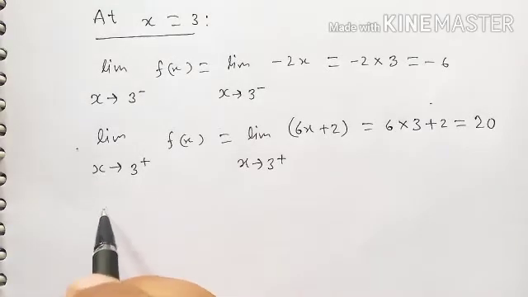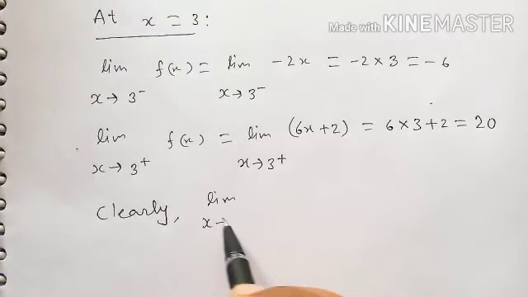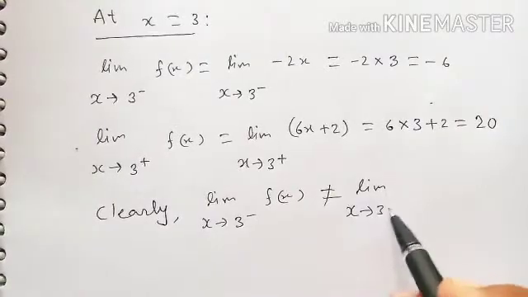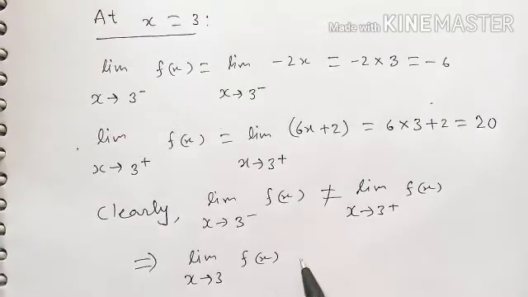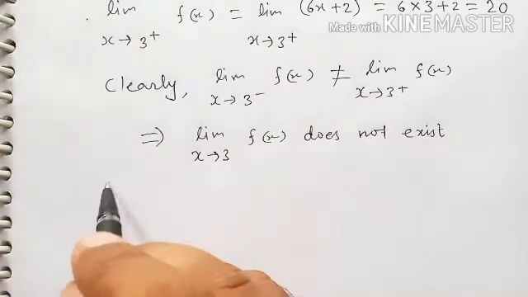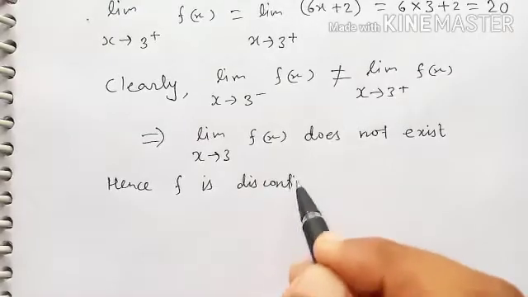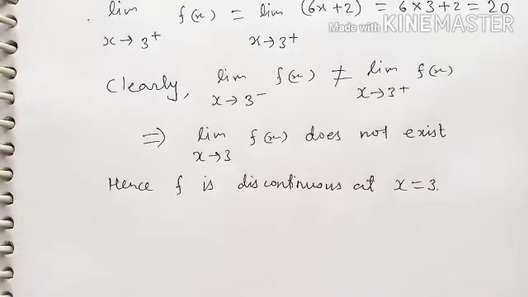Therefore, clearly, the limit as x tends to 3 minus of f(x) is not equal to the limit as x tends to 3 plus of f(x). This implies that the limit of f(x) as x tends to 3 does not exist. Hence, f is discontinuous at x equal to 3.